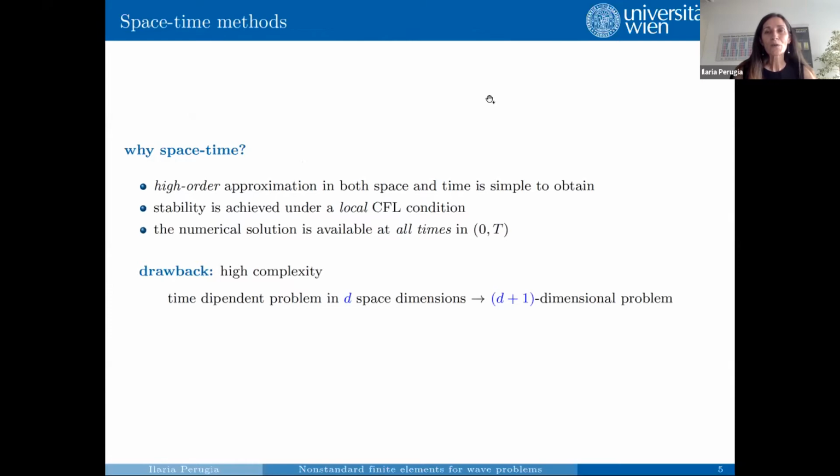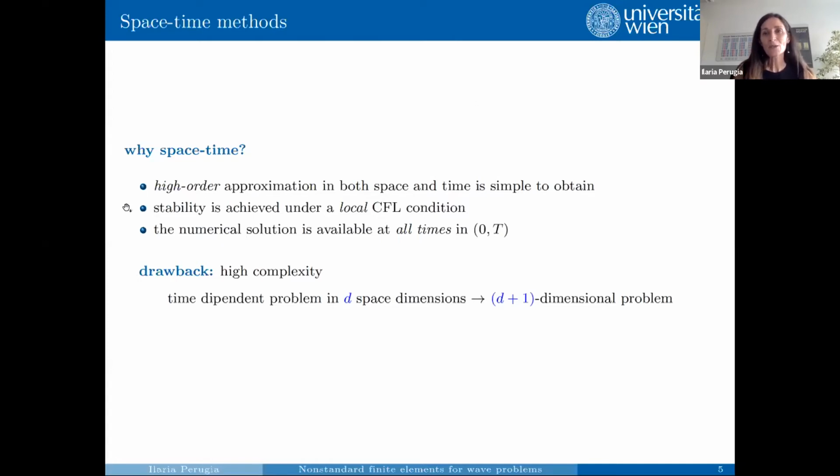So just very briefly, why the space-time setting? The space-time setting is kind of a monolithic discretization using, say, polynomials in space and time, so it's easy to write a higher order method by simply increasing the polynomial degree. So we don't have to combine two different methods like a space method and the time stepping.